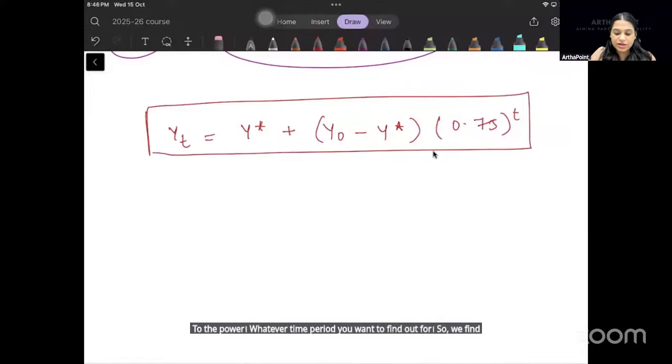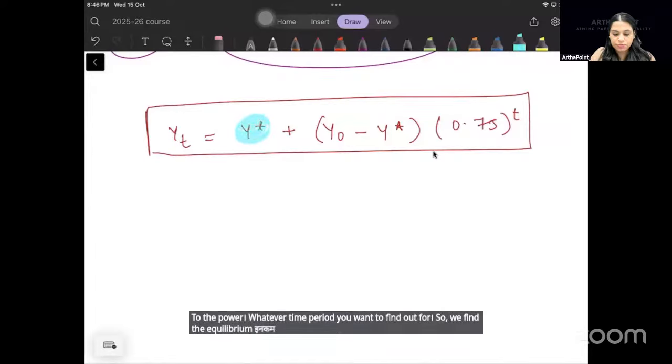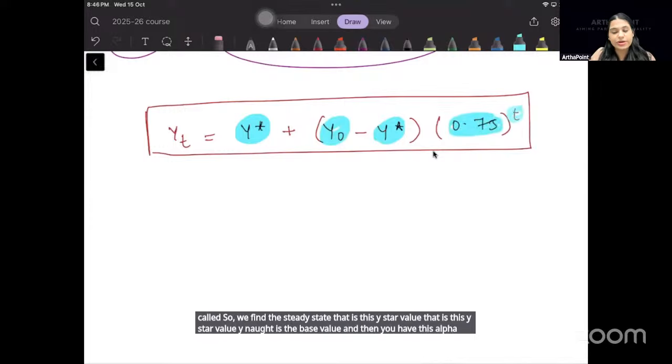So we find the equilibrium income, or it's also called stable income. When we talk about first order difference equation, it is also called steady state income. So we find the steady state, that is this y star value, y naught is the base value, and then you have this as the slope to the power t.